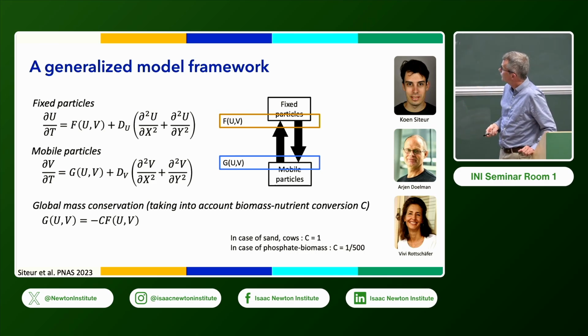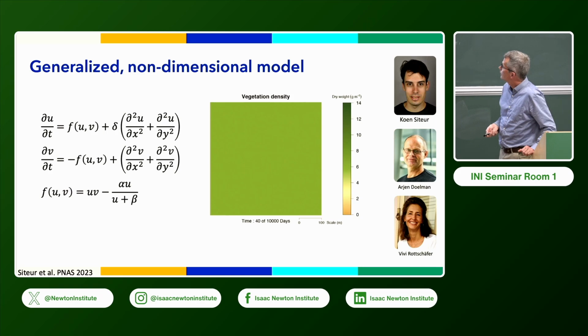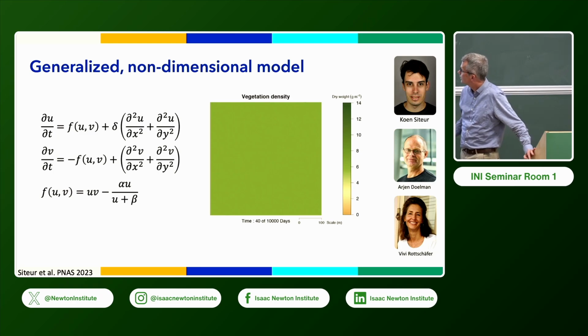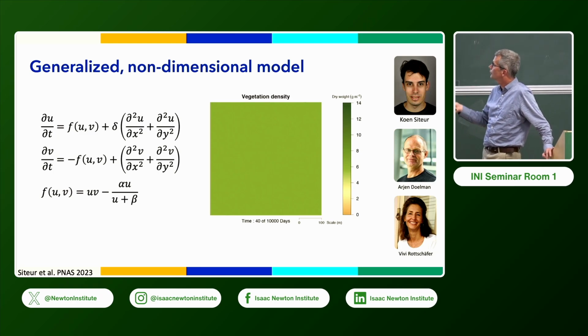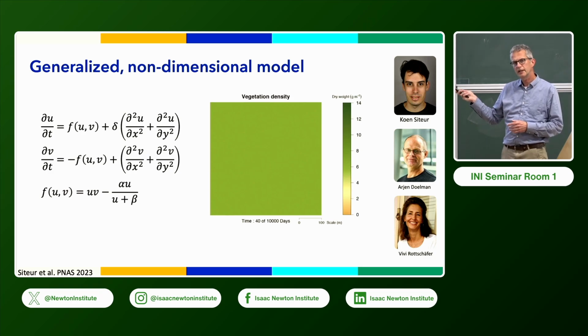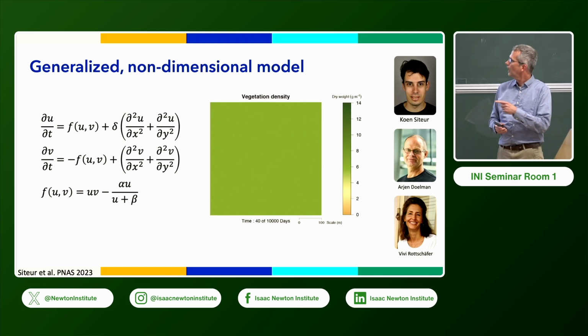Koen simplified this into this setup, as you can see here, U and V, and then basically a single F, and by making the model non-dimensional, you can make it just one function, the F. This is very similar to what Erwin Frey, was it, did. That was also striking to me, so I thought, what has Koen been doing?